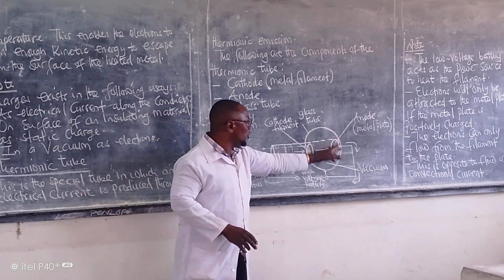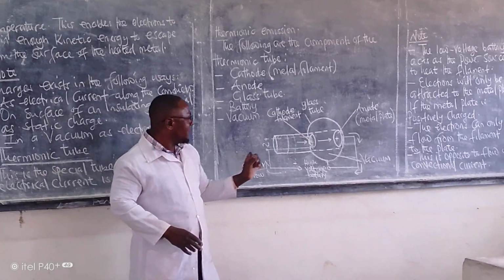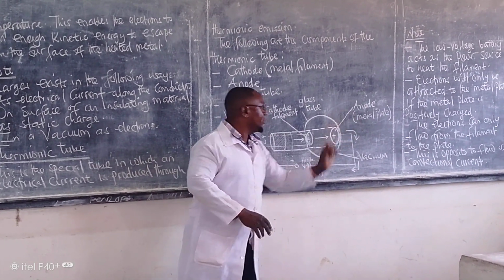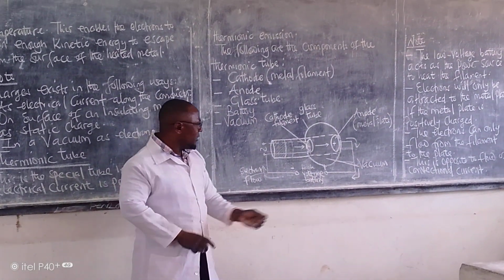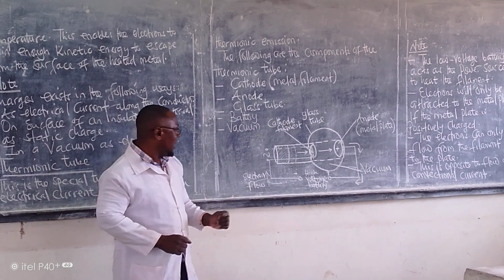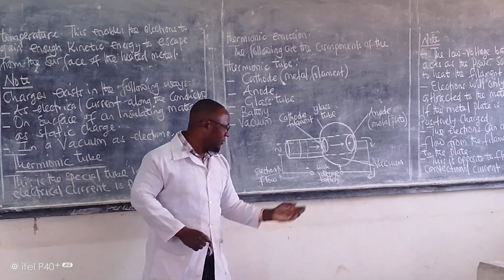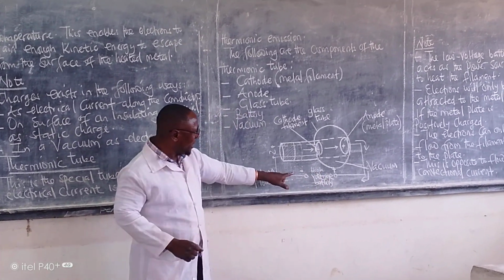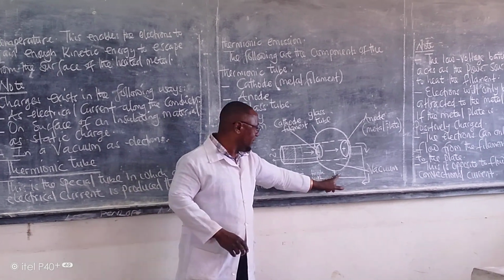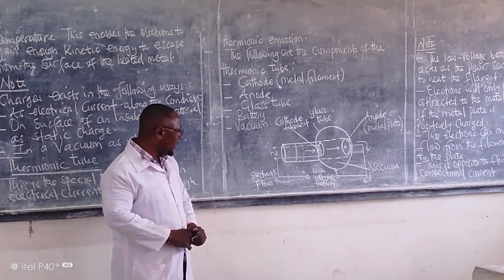This is the glass tube, and this is the anode, which is positively charged, which is a metal plate. The vacuum itself, that is the absence of air, and the high voltage battery. So this is the high voltage battery, which has got the negative terminal as well as the positive terminal.